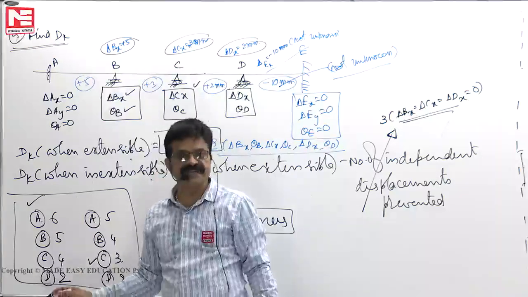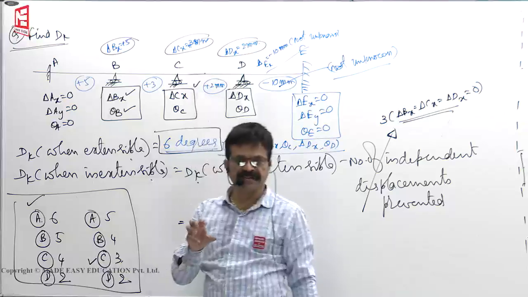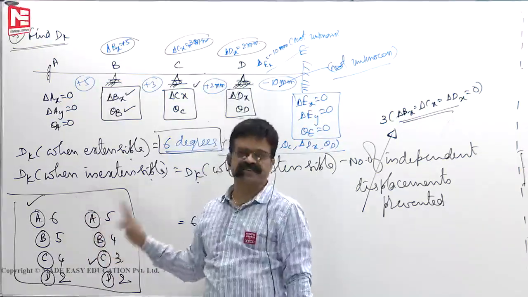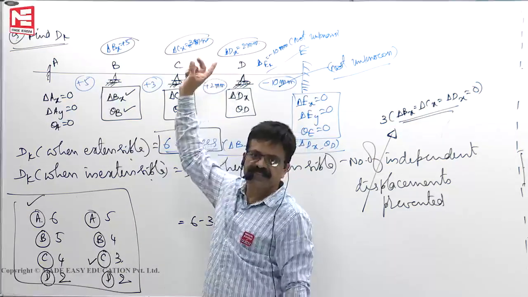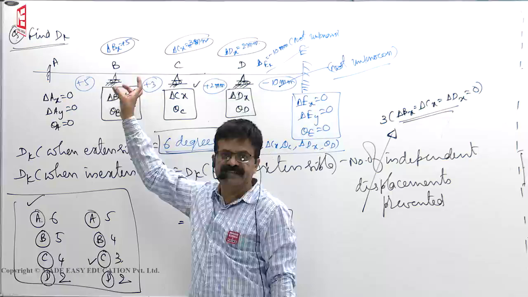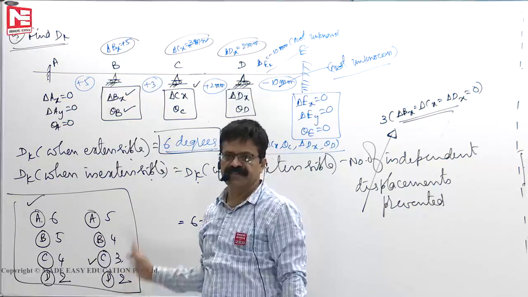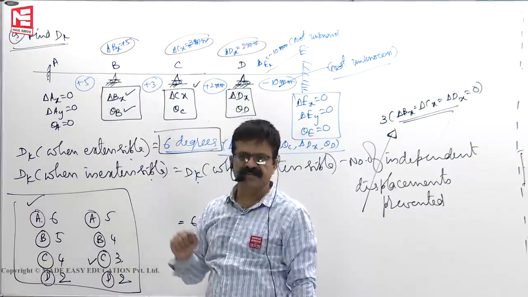These options will decide in most cases whether he wanted us to give the extensible case or the inextensible case. But sometimes they clearly mention that all members are axially rigid, then you have no choice, you have to use that only. I think you understood all the ways of asking the questions.